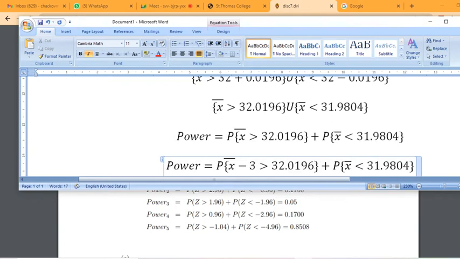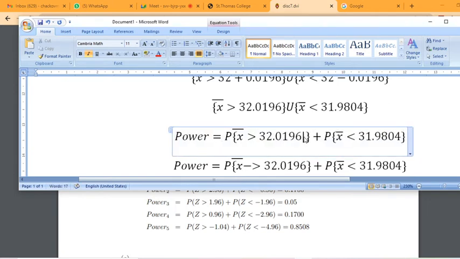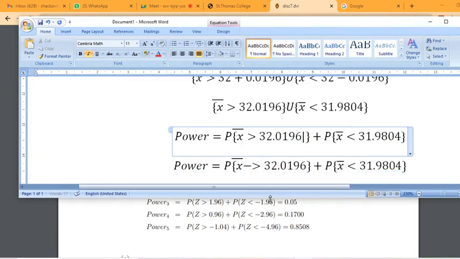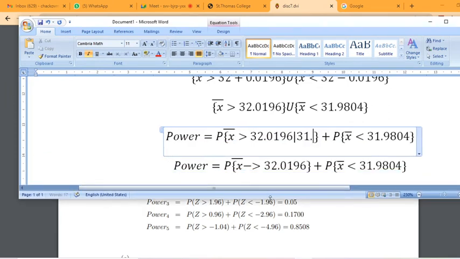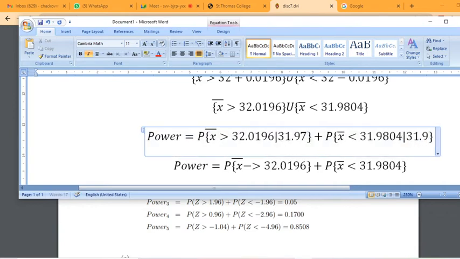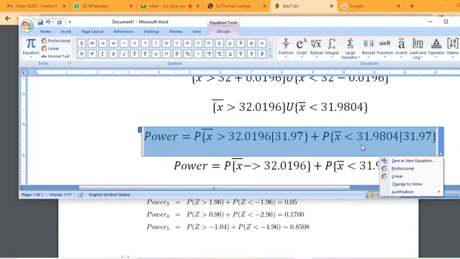Not 32. What is the given condition? It is given that mu is equal to 31.97, based on the alternative hypothesis. So we can compute the power.